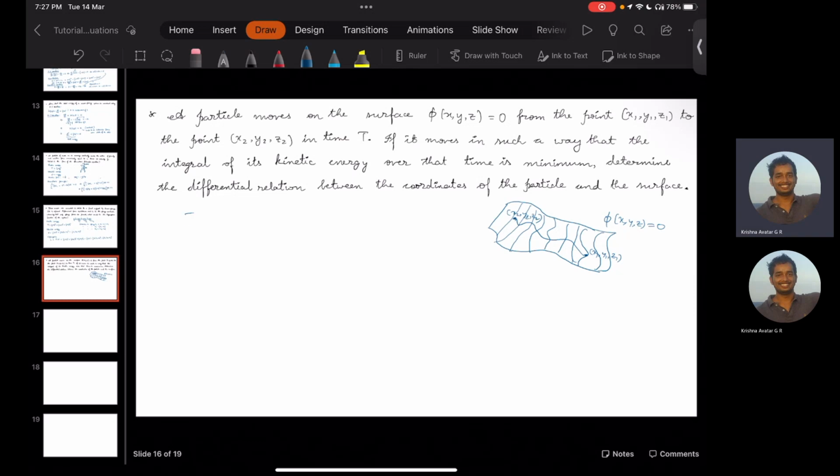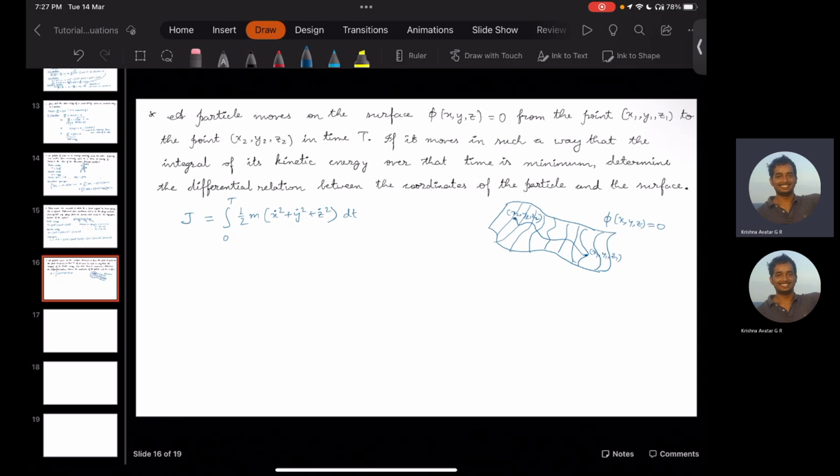So our J is essentially, and let's take the mass of that particle to be m, the integral from 0 to capital T of the kinetic energy, half m (x dot squared plus y dot squared plus z dot squared), which is our velocity squared, dt.